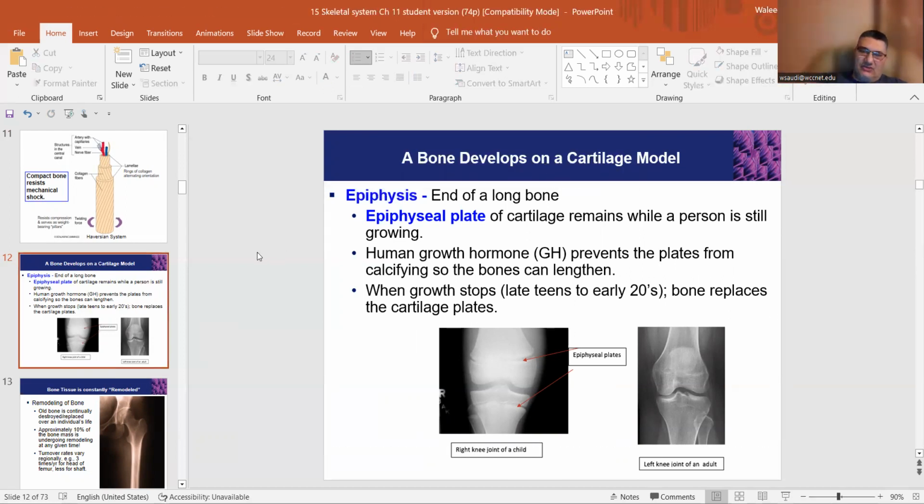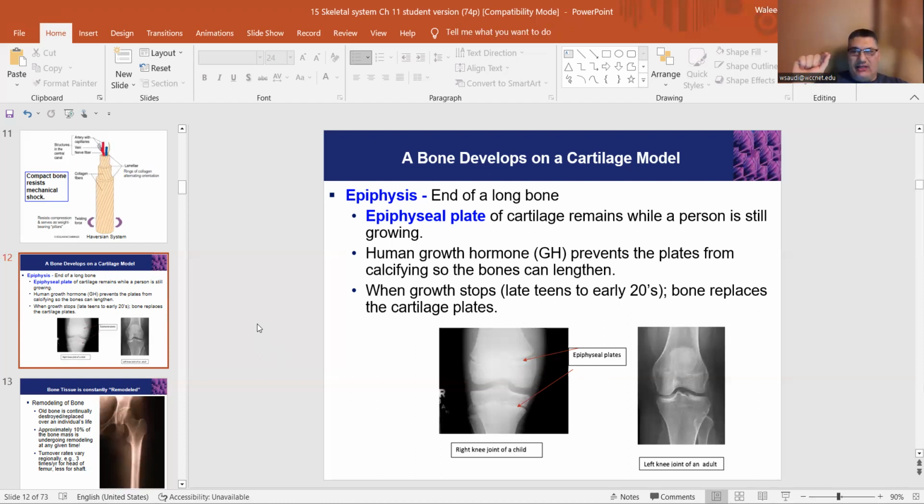Epi means end, epiphysis. So look at this picture right here. This is the epiphysis of the femur, one of the bones. And this is the epiphysis of the other bone, which is the tibia. And if you look here, there is a line, a plate. It's called the epiphyseal plate.